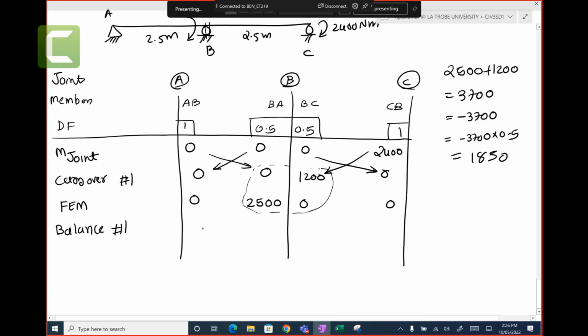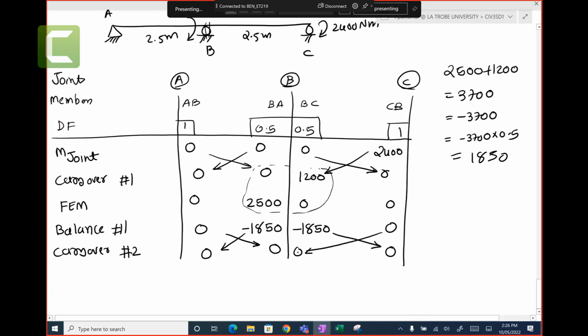So you have balance 1: minus 1850, minus 1850, 0, 0. And then you do carry over 2. This will get 0. This will get 0 because carry over here is 0, 0. We don't stop at carry over.